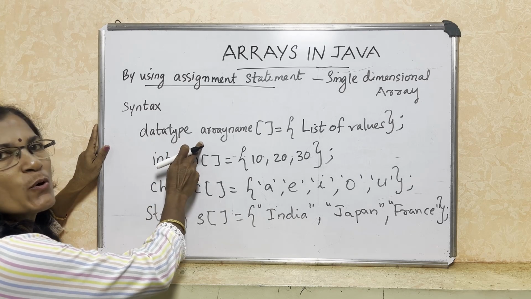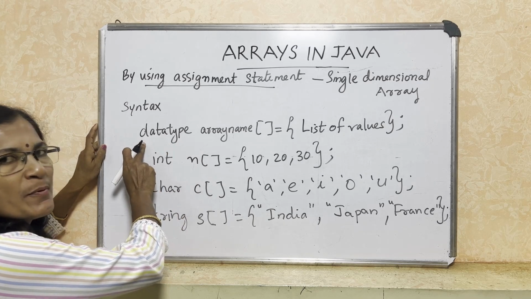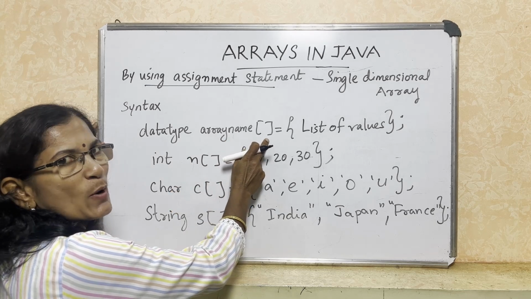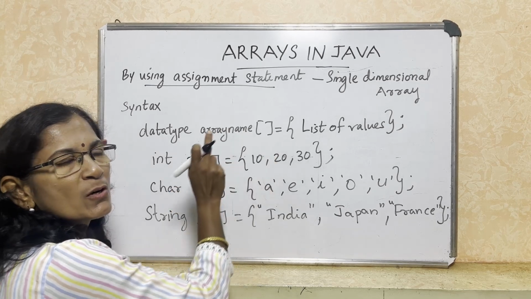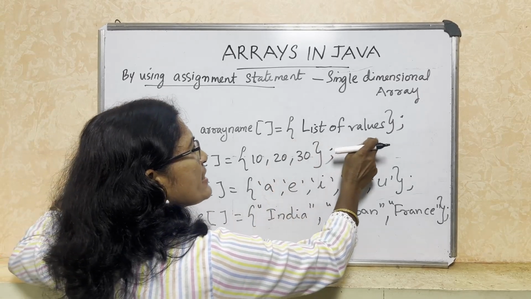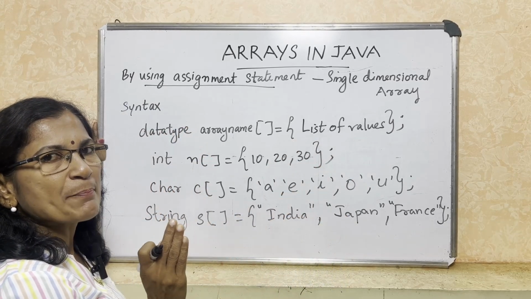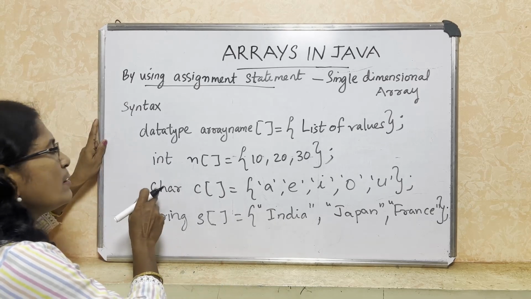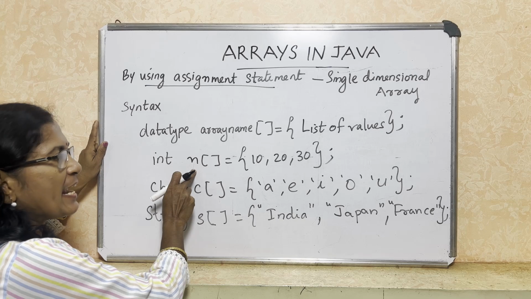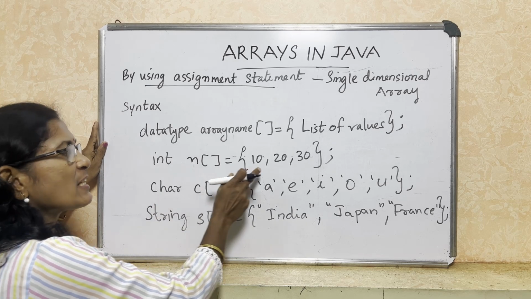What kind of data do you want to store in the array? Data type. Give a name for the array, followed with a square bracket, equal to. The values which you want to store in the array should be given as a list. Each value should be separated by a comma. For example, you want to create an integer array named n to store 3 integer values.